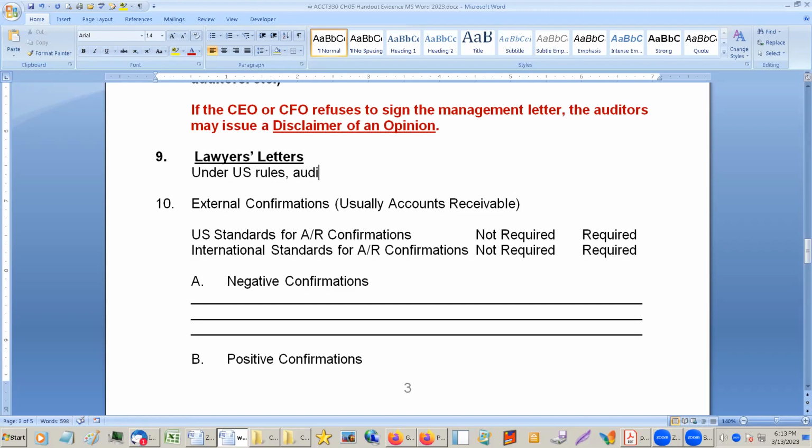Under US rules, auditors are required to get a letter from the lawyer.